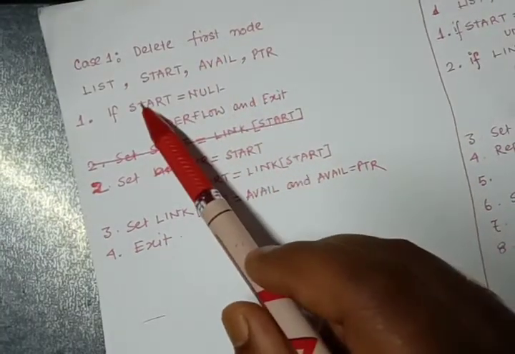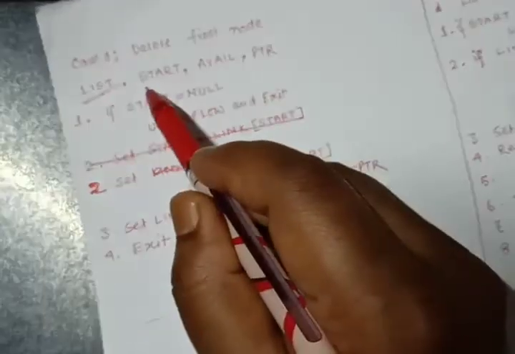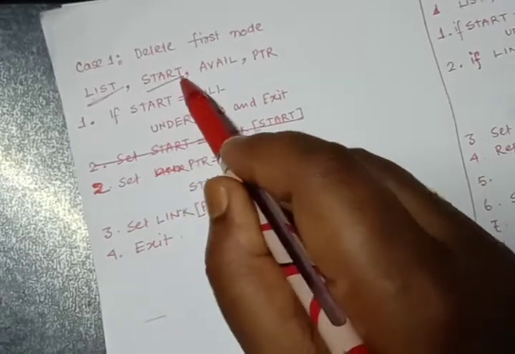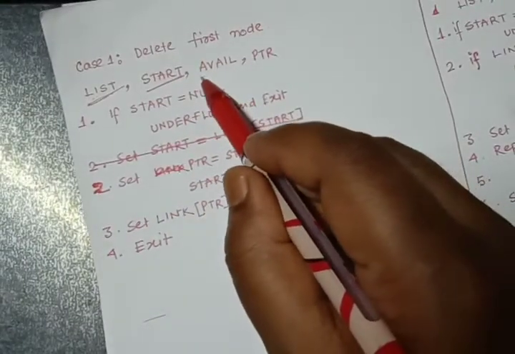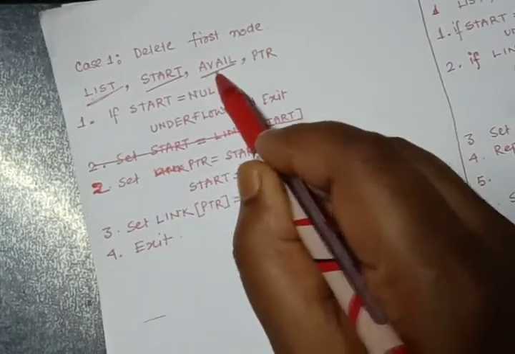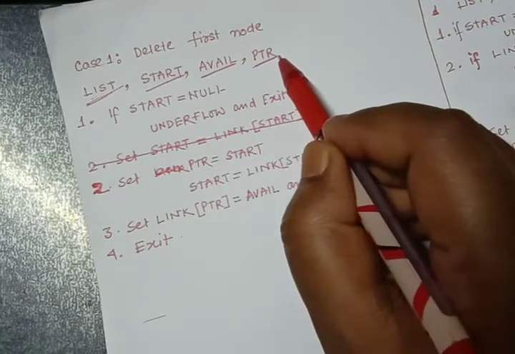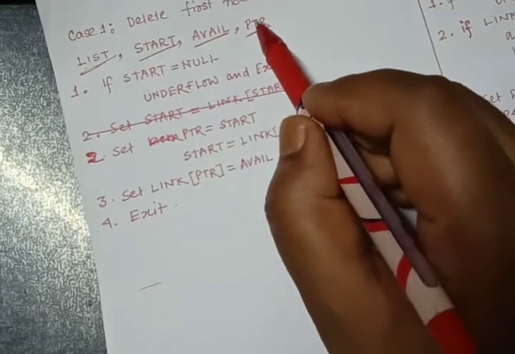So in this case, suppose the list is in memory, start is the starting address of the list, avail is the available list which is in the memory, and ptr is the pointer variable through which we can trace the linked list.